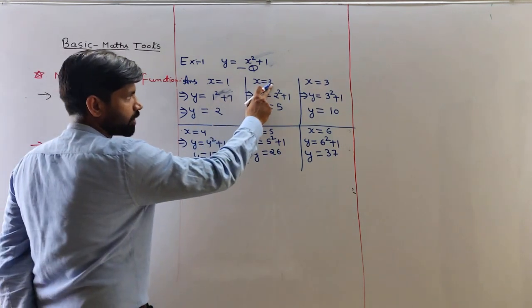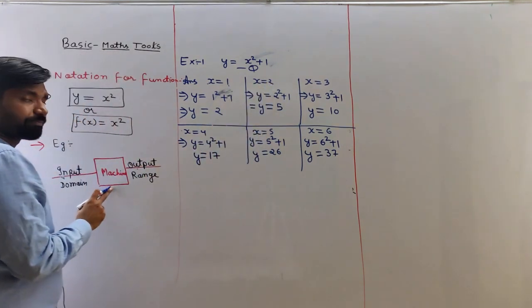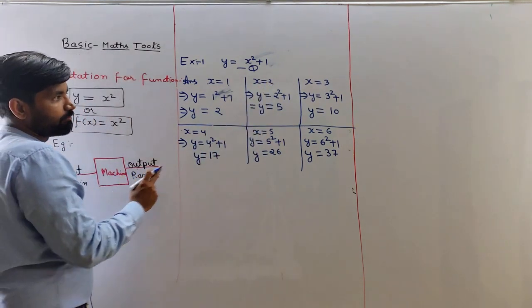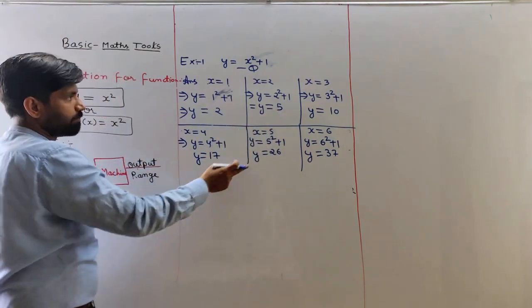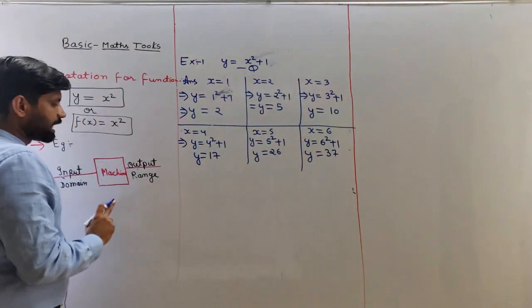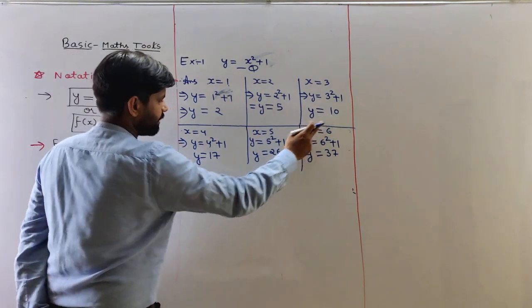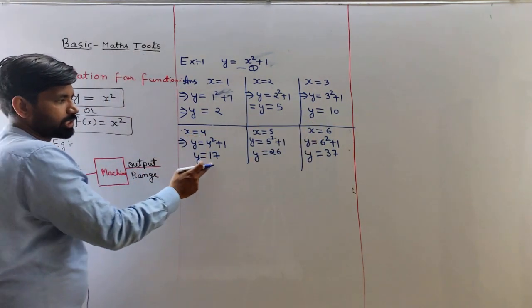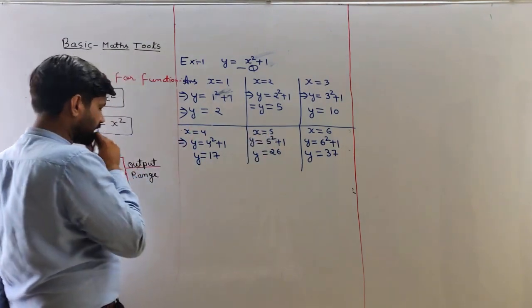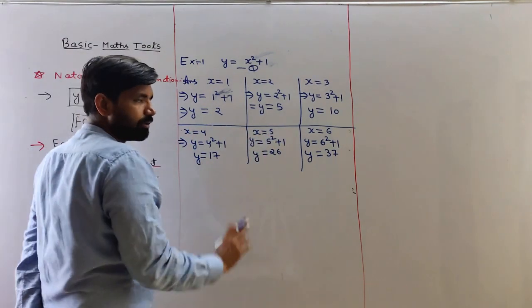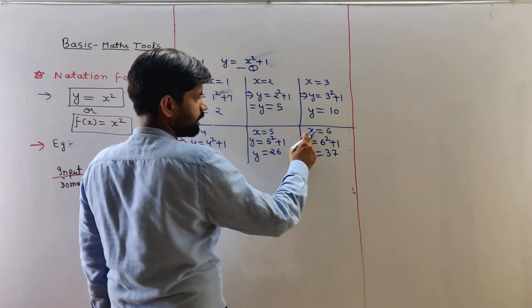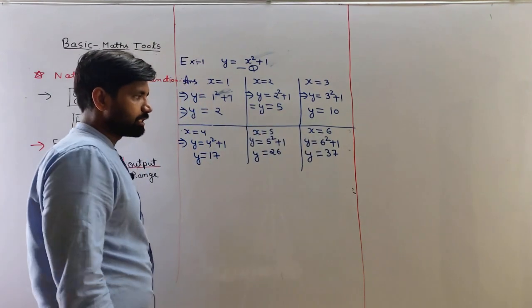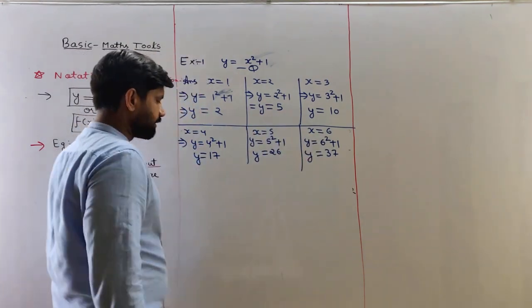If we put x is equal to 2 in this machine, then the outcome will be 5. If we put x is equal to 3, the outcome will be 10. If x is equal to 4, the outcome will be 17. If x is equal to 5, the outcome will be 26. And if x is equal to 6, the outcome will be 37.